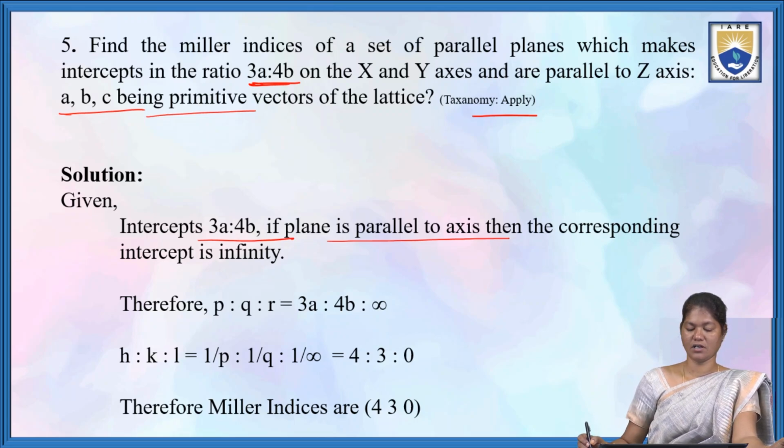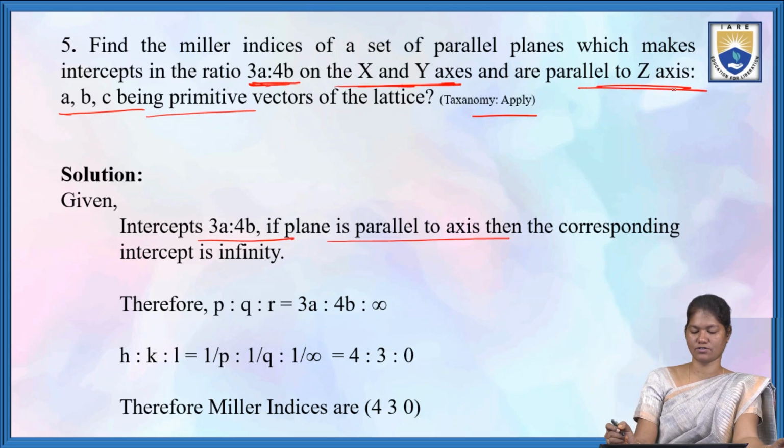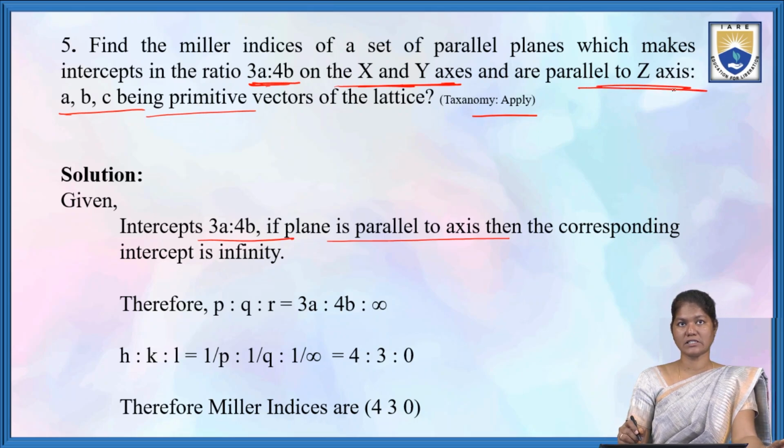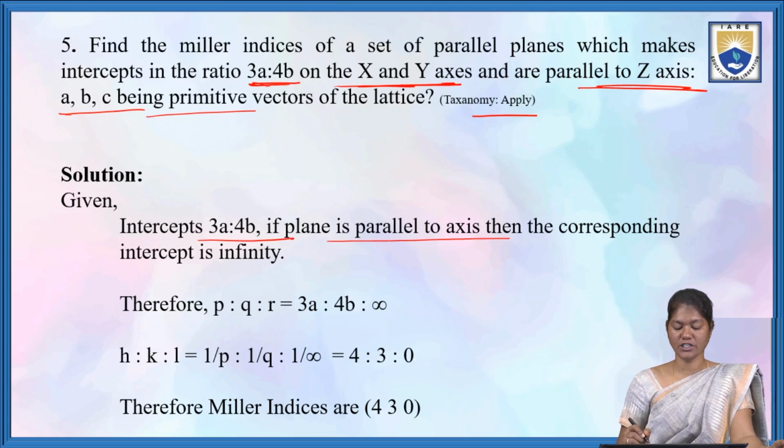Here the intercepts on the x and y axes are 3a is to 4b, but the plane is parallel to the z axis, which means the intercept on the z axis is infinity.